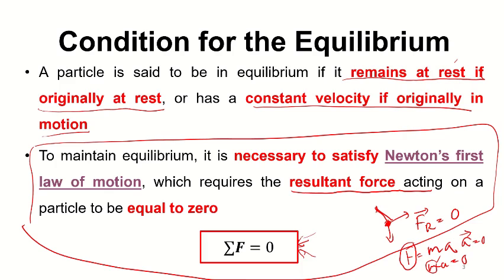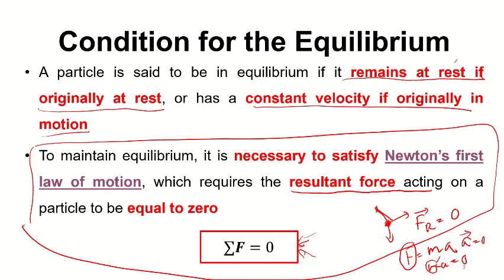What is important for us is that this is the condition needed to maintain equilibrium. It is the necessary condition for equilibrium, and also the sufficient condition, as I mentioned. So for any particle to be in equilibrium, the resultant force acting on the particle should be equal to 0.